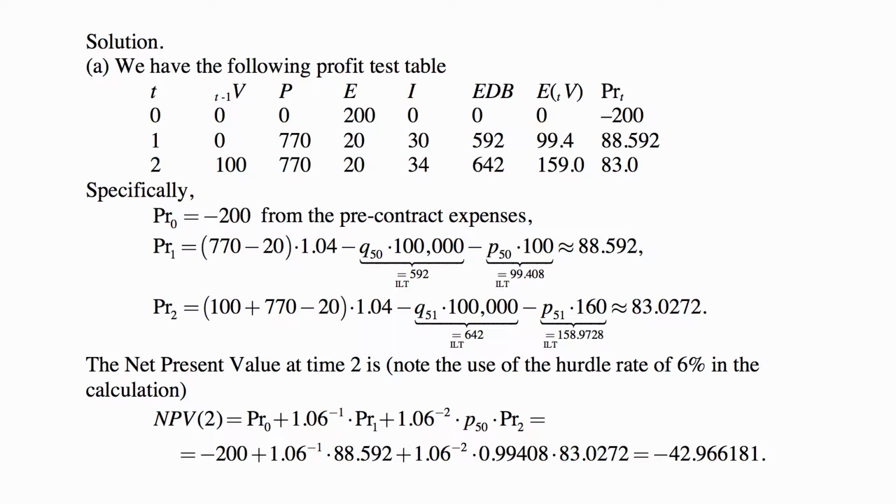P50 times 100 is 99.408. So the profit is approximately 88.592.